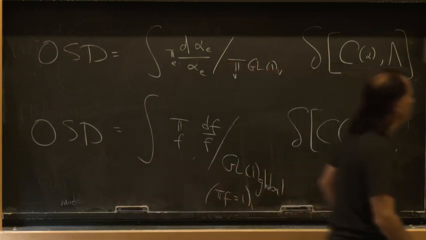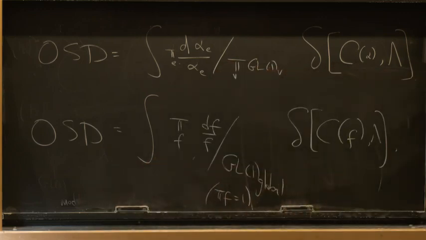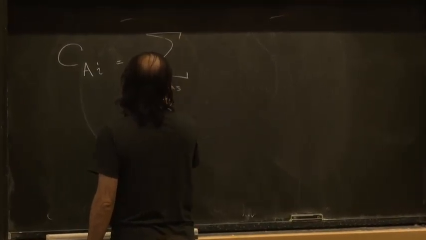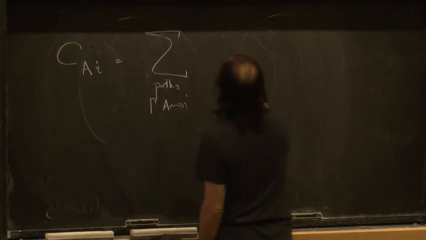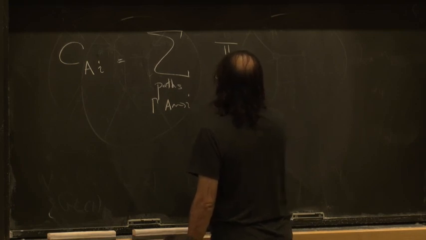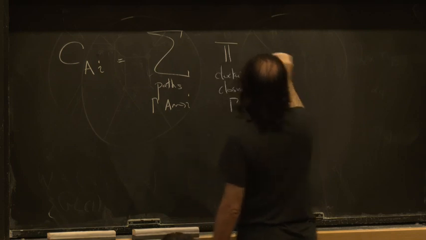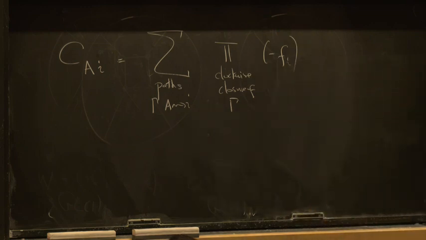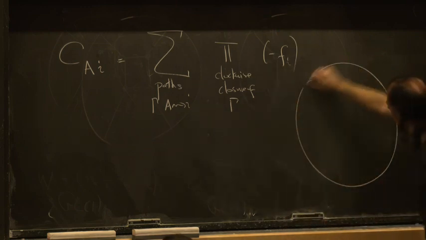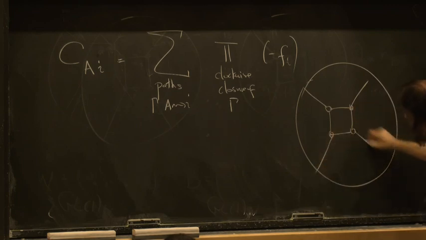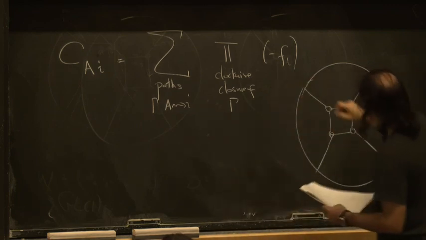And what is the boundary measurement formula for c given face variables? It's exactly the same thing, just that c_ai is equal to the sum over all the paths gamma from a to i, the product over the clockwise closure of gamma of negative the face variables, because I put my dumb minus sign in front of everything. So what is the clockwise closure?